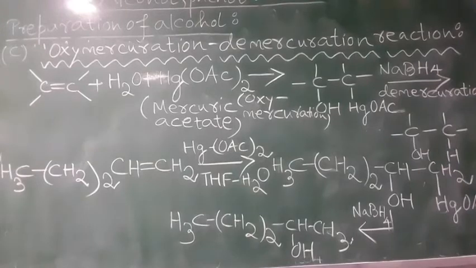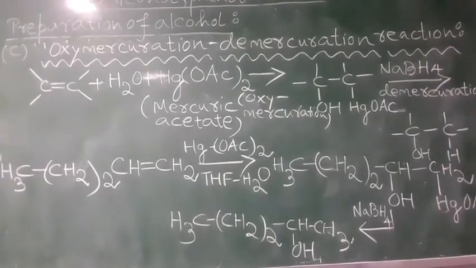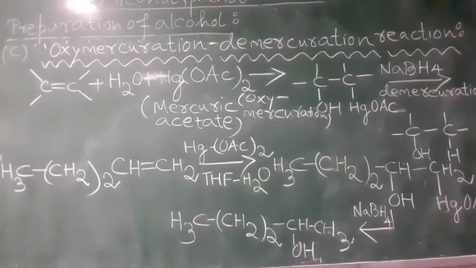This is called oxymercuration. In the second step, sodium borohydride reduces HgOAc and replaces it with hydrogen. This is called demercuration.